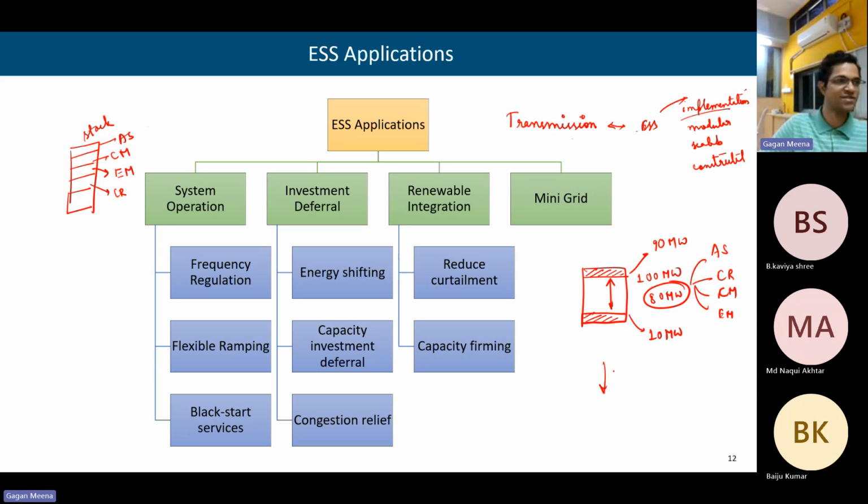In this case, energy is also shifting, and we are also reducing the peak. So both peak shaving and energy shifting are happening in this case.